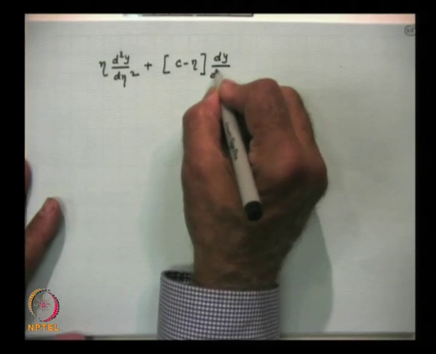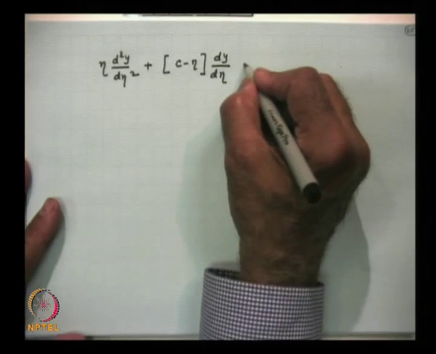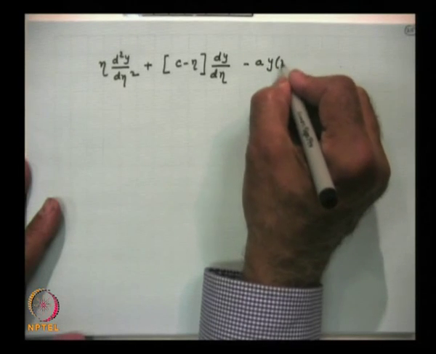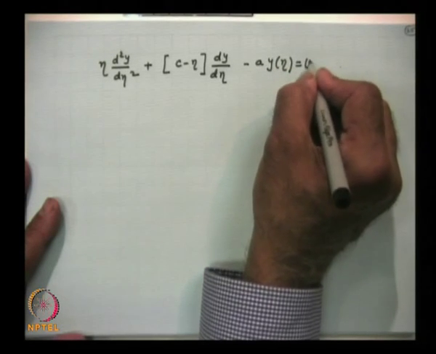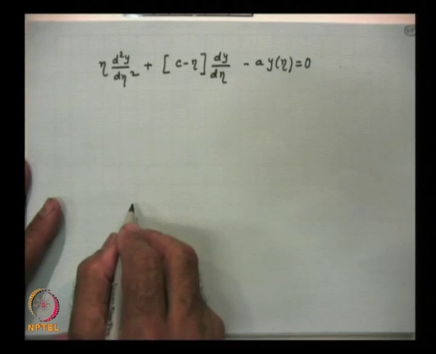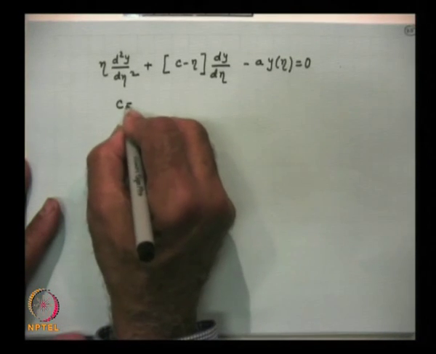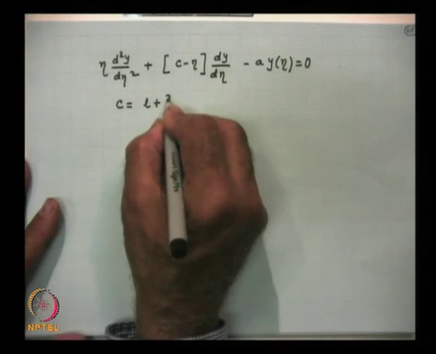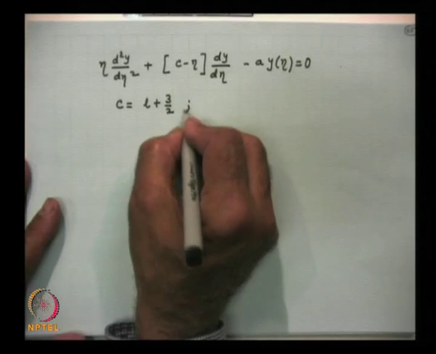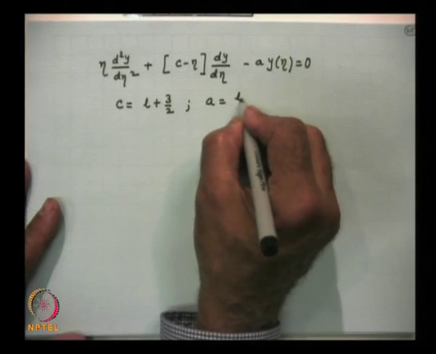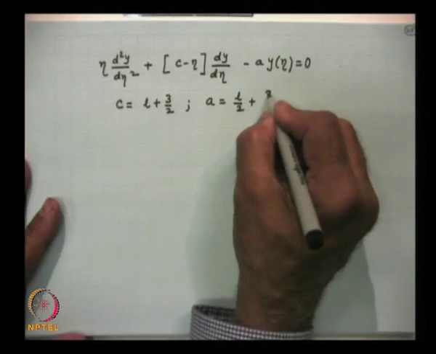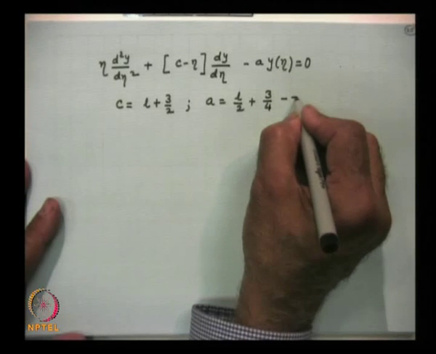I leave that as an exercise to show this, where c can be shown to be equal to L plus 3 by 2 and a is equal to L by 2 plus 3 by 4 minus lambda by 4.